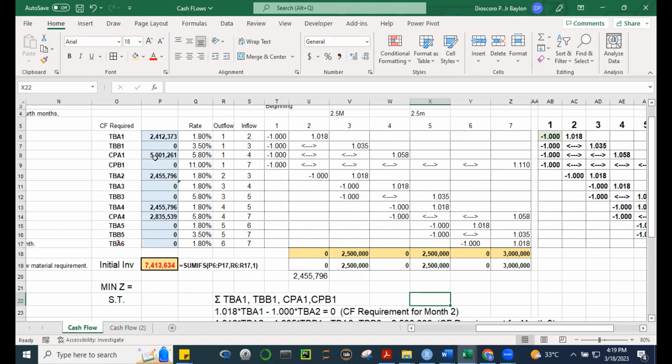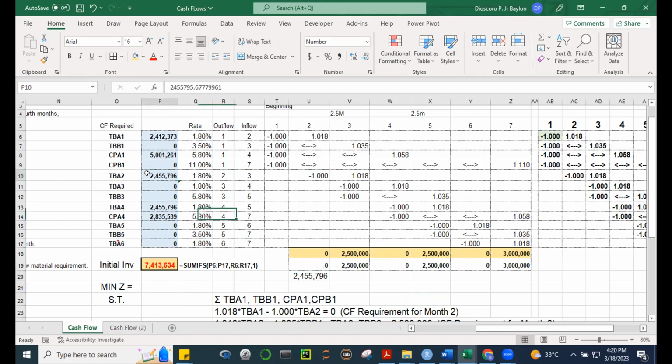Our investment at CPA1 will still be open. And then what happens? This is -1. We're going to invest 2,445,796 to TBA2. Where will that be coming from? The amount that will mature here from TBA1, all of it will be flowed back to TBA2.